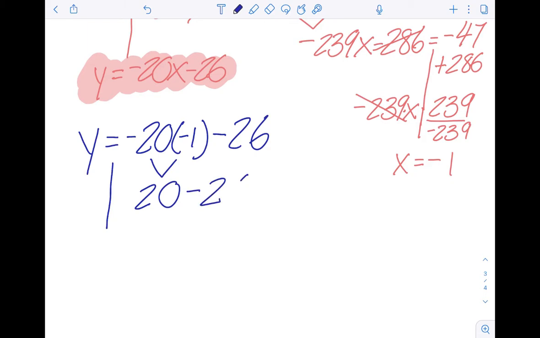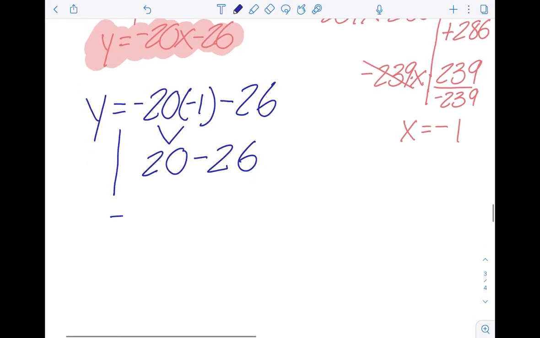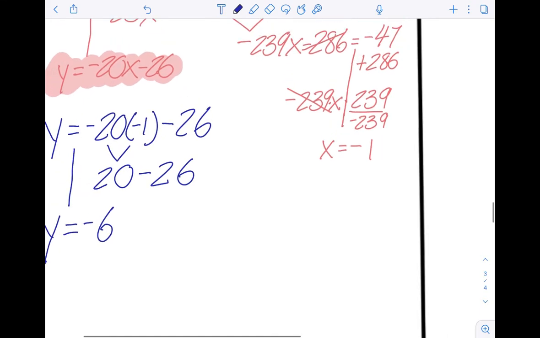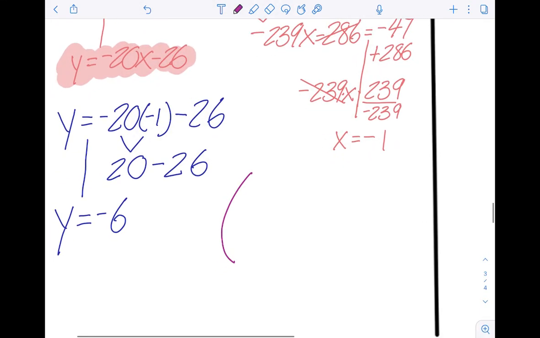Minus 26, they are different signs, so I got to subtract. 26 minus 20 is 6, and it's a negative because 26 is bigger, right? So that means that our final solution is x comma y, negative 1, comma, negative 6.